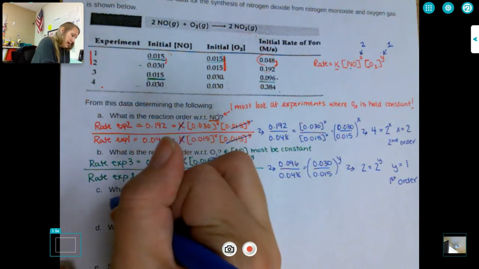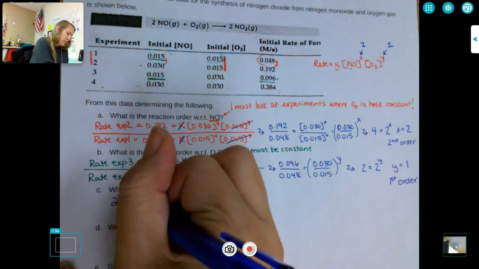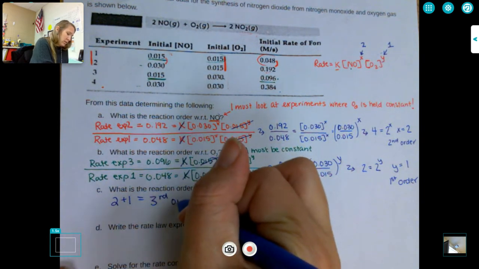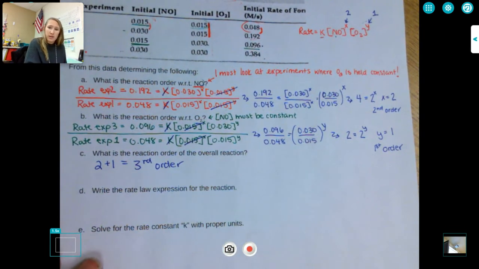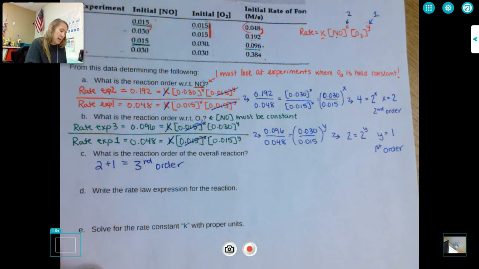So what's the reaction order of the overall reaction? Well, we have second order for the first one plus first order for the second one, which means overall my reaction is third order. I can write my full rate law expression now that I know my orders for both my reactants.